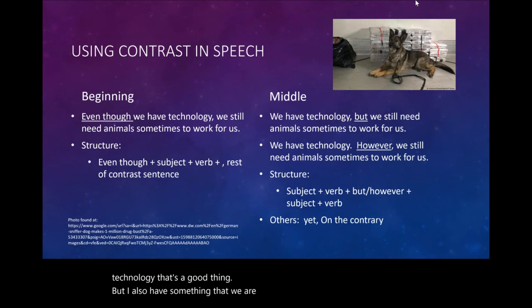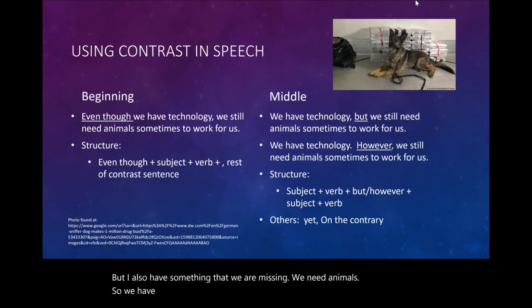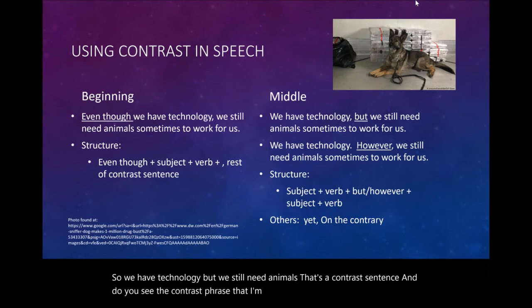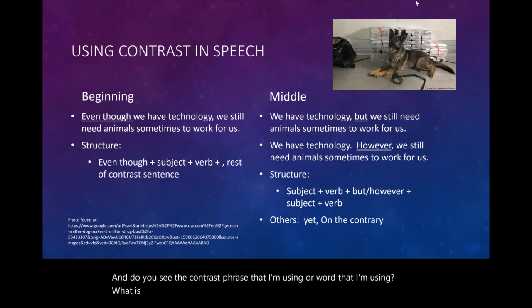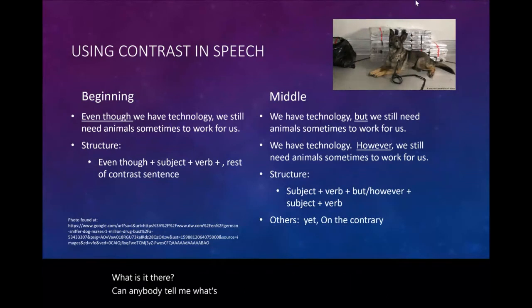We need animals. So we have technology, but we still need animals. That's a contrast sentence. And do you see the contrast word that I'm using? What is it there? Can anybody tell me what's the contrast word? Still need? The word but.